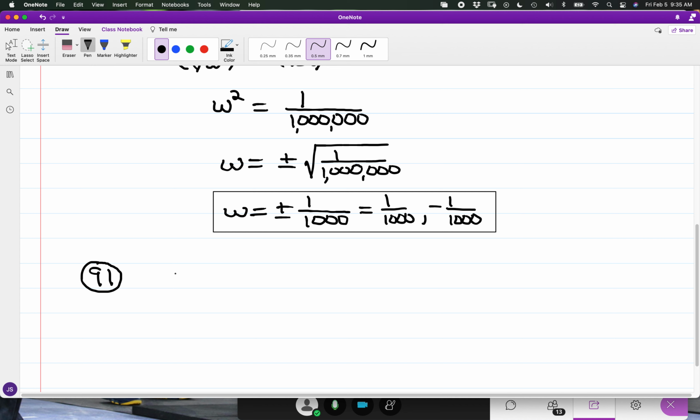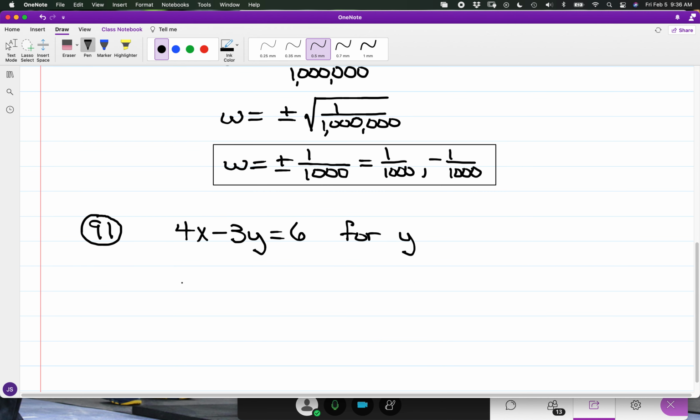For 91, we have a linear equation with terms in the letters x and y, in the standard form of a linear equation, 4x minus 3y is equal to 6. Now you're looking at expressing this equation in terms of y equals, going from standard form to the slope-intercept form of a linear equation. Bit of a future topic.